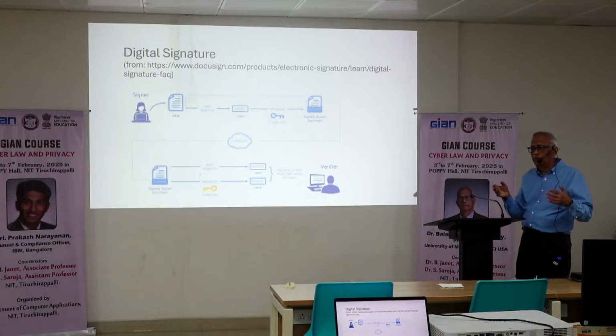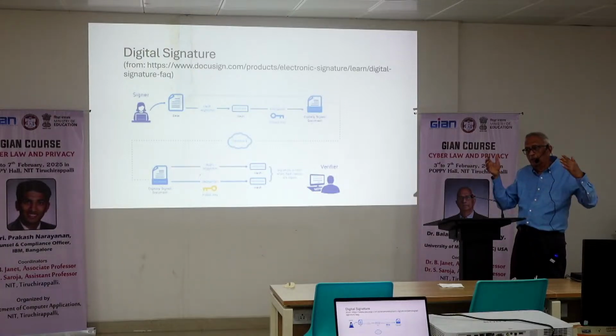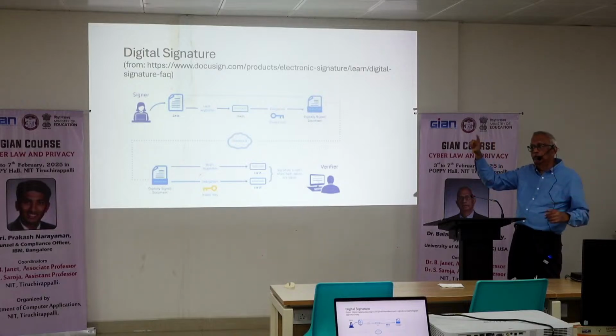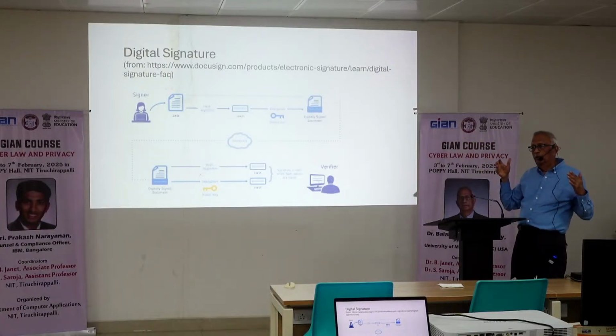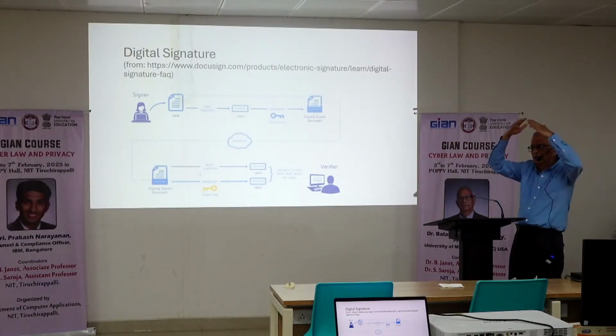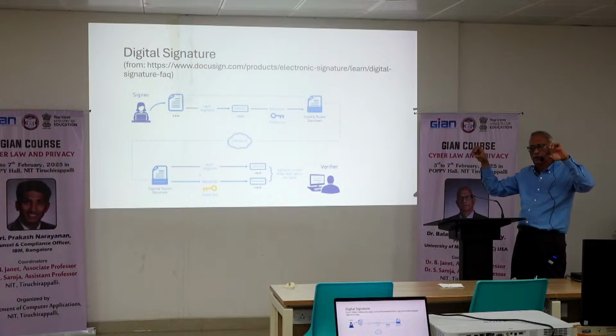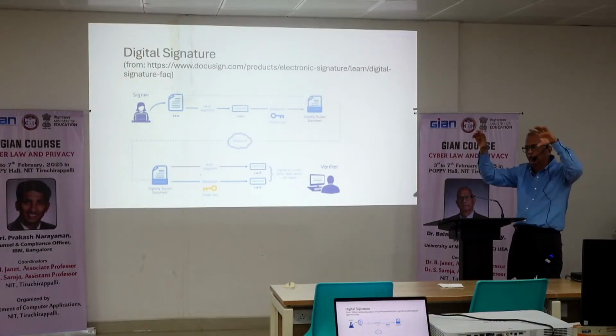And the public infrastructure itself is not just one certification authority. There are a lot of certification authorities, organized in a tree-like fashion. There is a certification authority, then a higher level certification authority, then an even higher level.